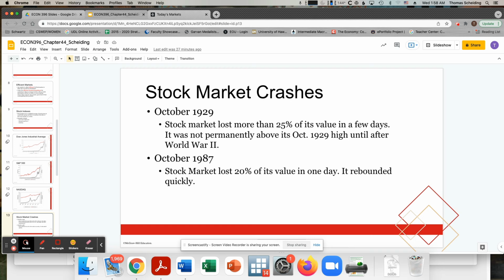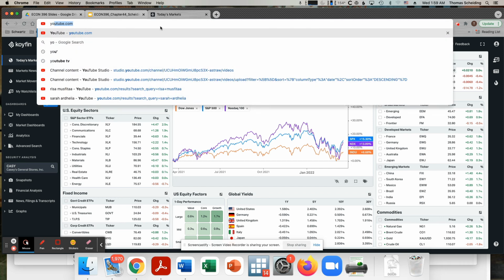Now, many of you have heard of the large examples of times when the stock market has crashed. The famous example would be October of 1929, when the stock market lost 25% of its value. And then the other would be October of 1987, when it lost 20% of its value.